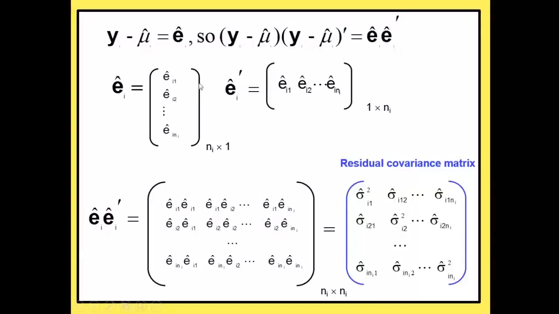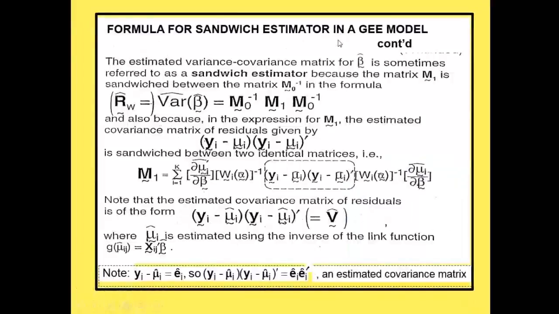You're multiplying this column vector by this row vector. This is Ni by 1, this is 1 by Ni. You're getting an Ni by Ni matrix. And you have a bunch of terms in here which represent variances and covariances. So this expression within the formula for M sub 1 is giving you an estimate of a covariance matrix.